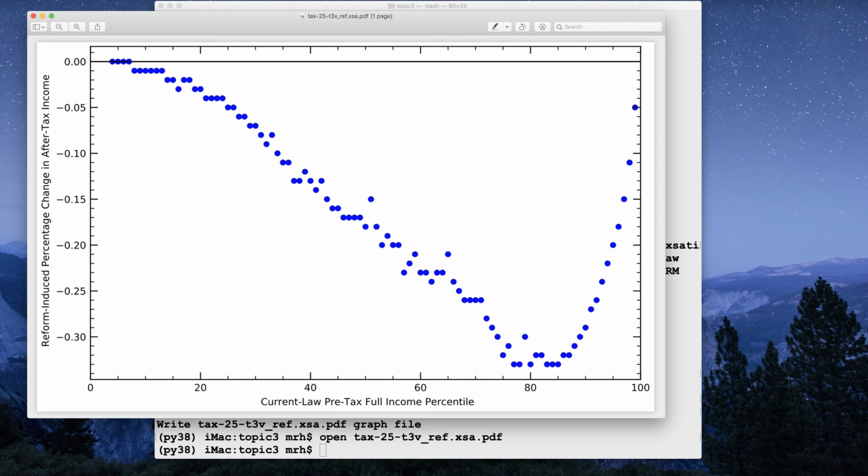So these people are losing the most. And so you can look at this and think about why different groups are in different places. And it's a useful graph to help you understand what the implications of a reform are for different groups of people at high, middle, and low incomes. So that's it for topic 3.